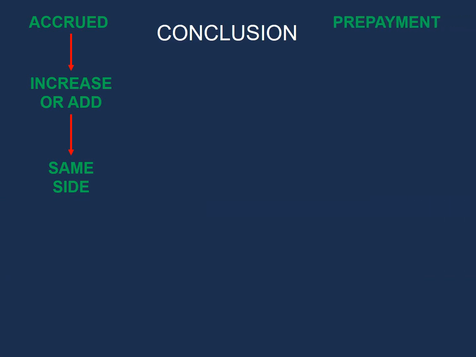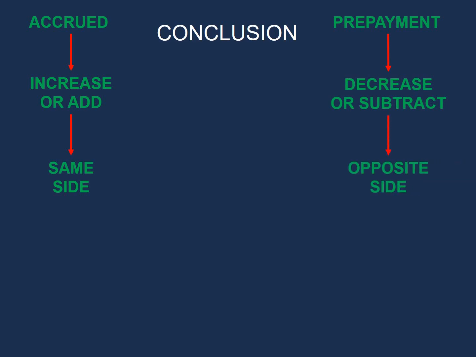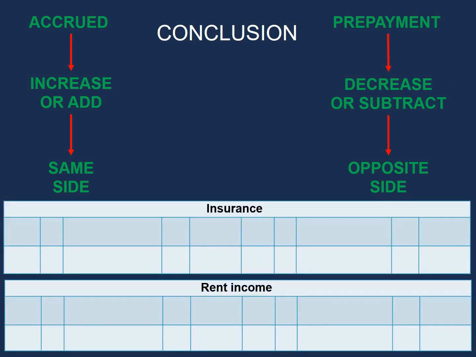But for our prepayment, it means that we should decrease or subtract, which means we will have entries on the opposite side. For our insurance account, it is an expense, therefore it shall have a debit balance. But if we have an adjustment of a prepayment on our insurance account, we will enter that on the credit side.